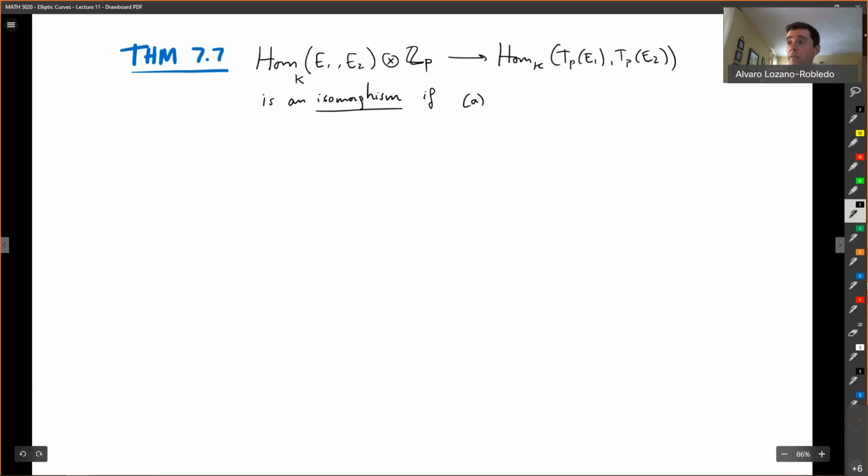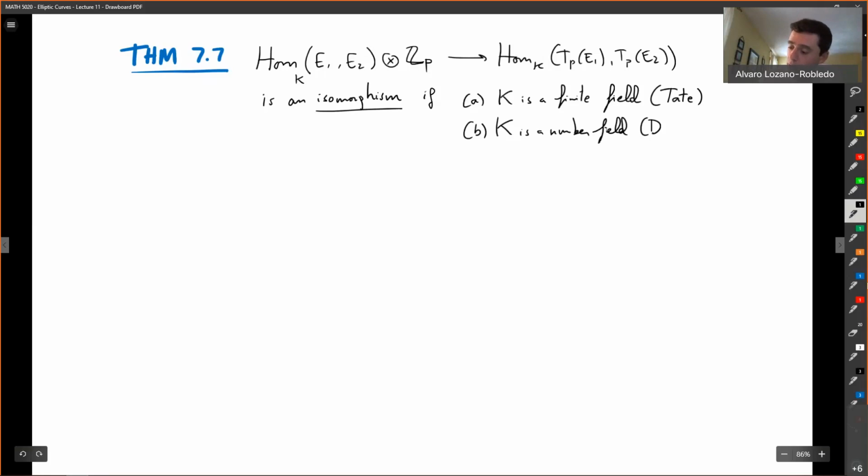A, if K is a finite field, this was actually proved by Tate himself. And B, and this is quite deep, in the case of number fields, this was proved by, not Deligne, Faltings.